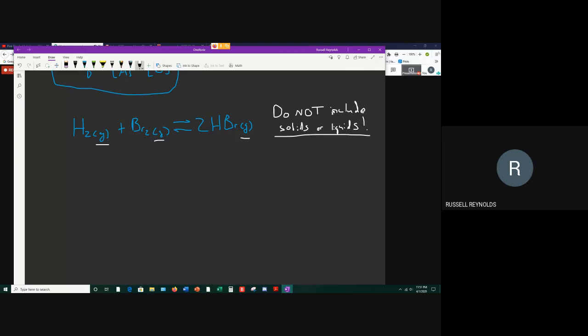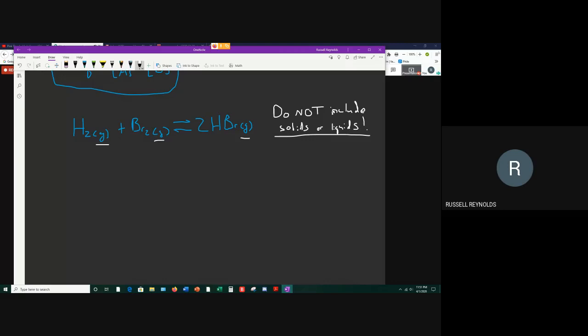So do not include solids or liquids in your equilibrium expressions. I'll say that one more time. Do not include solids or liquids in your equilibrium expressions.